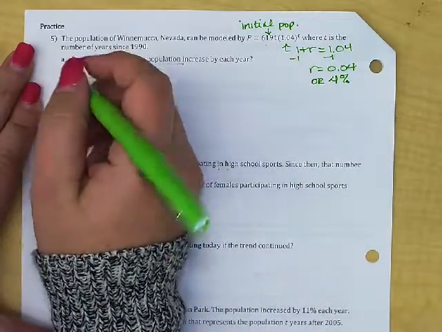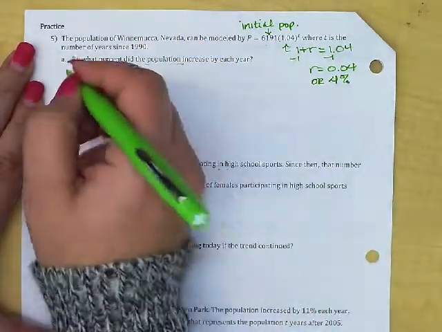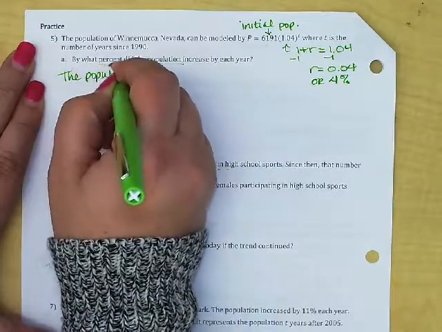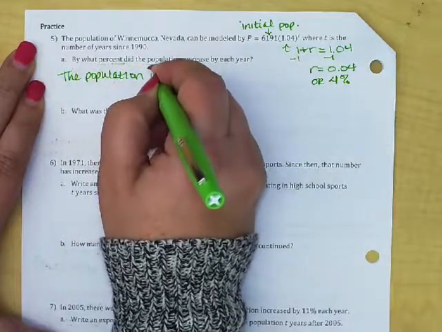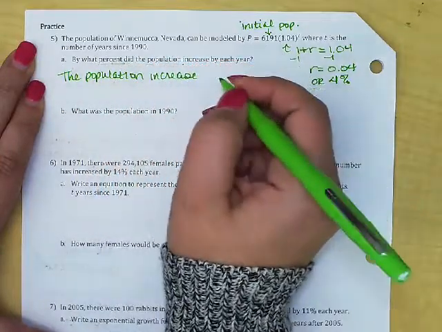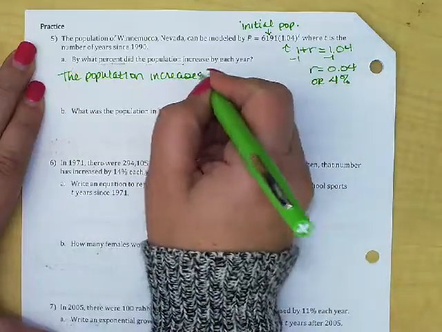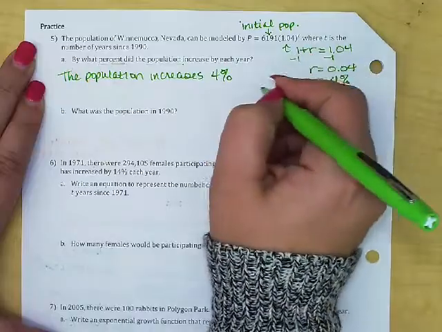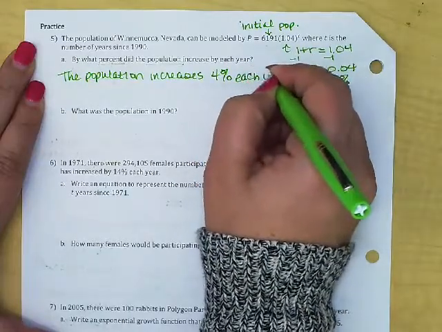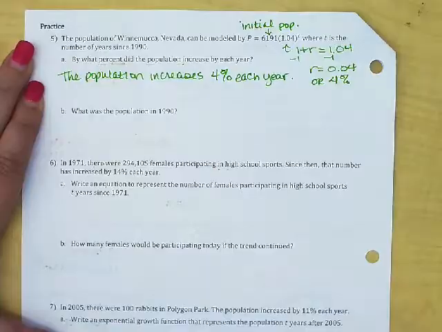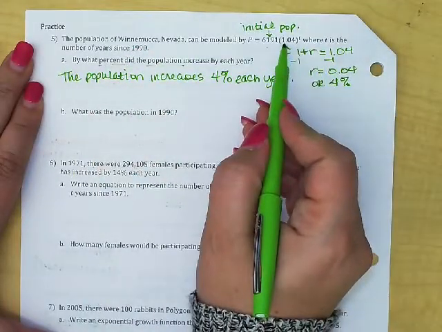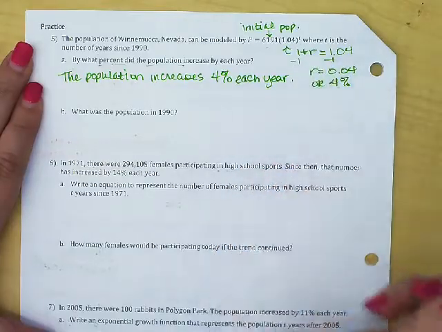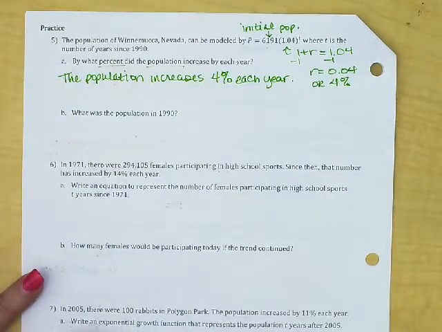The population increases by 4% each year. Okay, so let's write that down. The population increases 4% each year. Okay, and so all we did was take the growth factor and rewrite it as 1 plus R and solve for R to get the growth rate. Okay, so there is 4% each year.